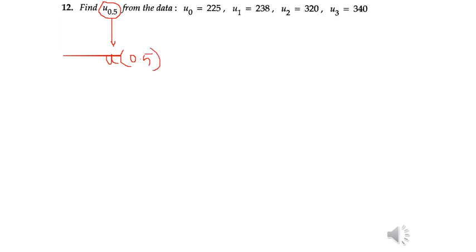Here the values of x to be taken in the x column are 0, 1, 2, 3, and the values of y taken in the y column are 225, 238, 320 and 340.